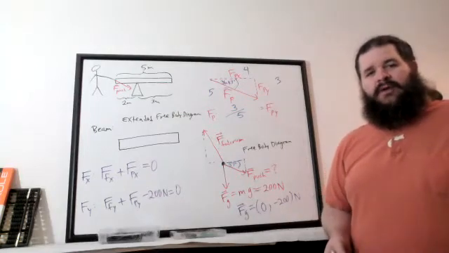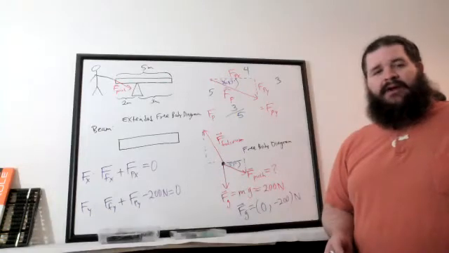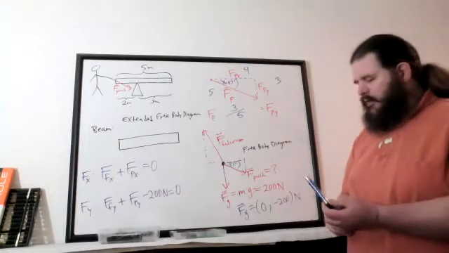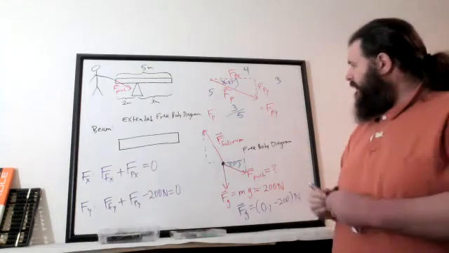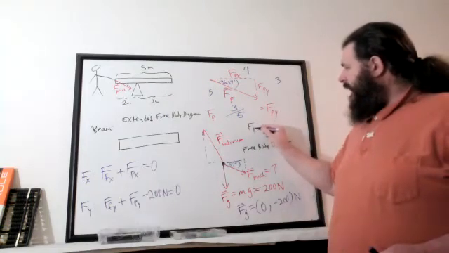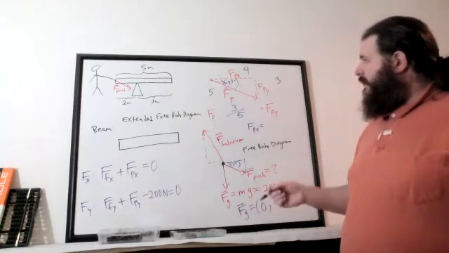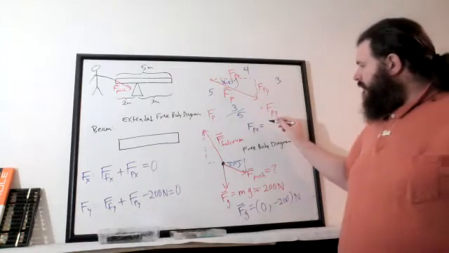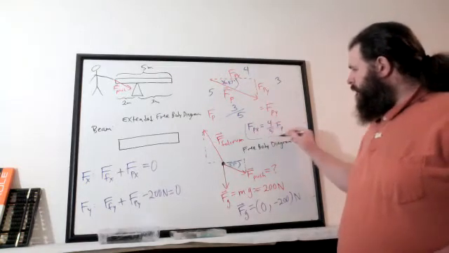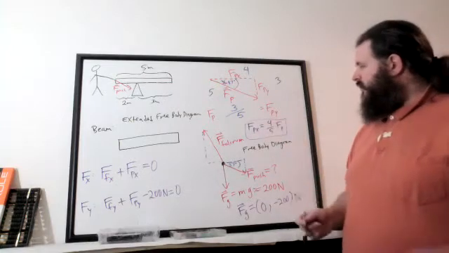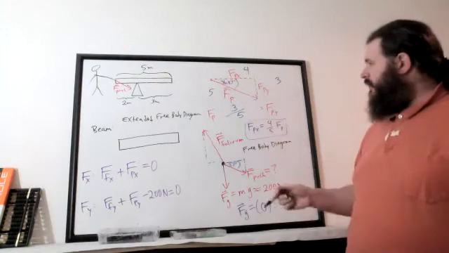And any other triangle with those same angles might be a different size, but it will have the same ratio of side lengths. So we know that FPY is 3/5 of FP, and likewise FPX is just going to be cosine of this angle times FP, and cosine is 4 over 5. So we know FPX is exactly 4/5 of the force of the push.